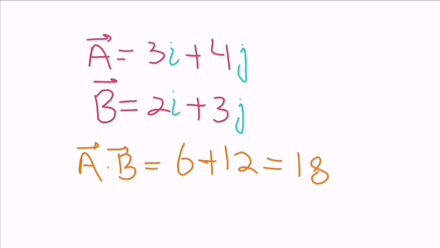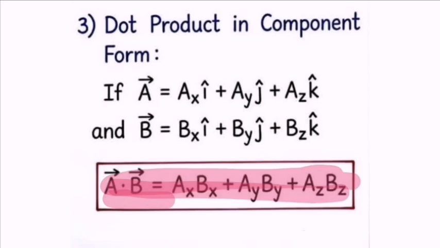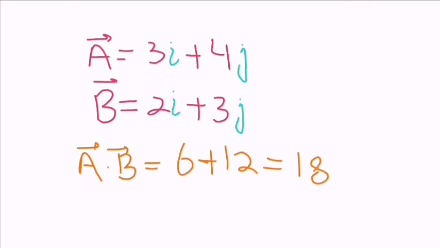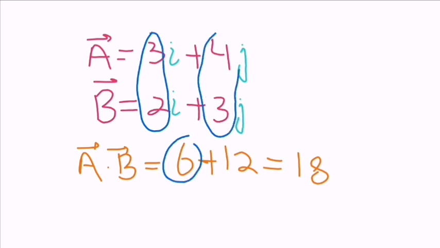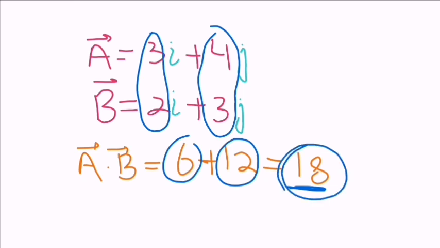Now by the previous formula, A dot B will be equal to 3 multiplied by 2, which is equal to 6, and 4 multiplied by 3, which is equal to 12. Now 12 plus 6 is equal to 18. So we see that 18 is a number. So the product of vectors A and B is a scalar or number in this way.